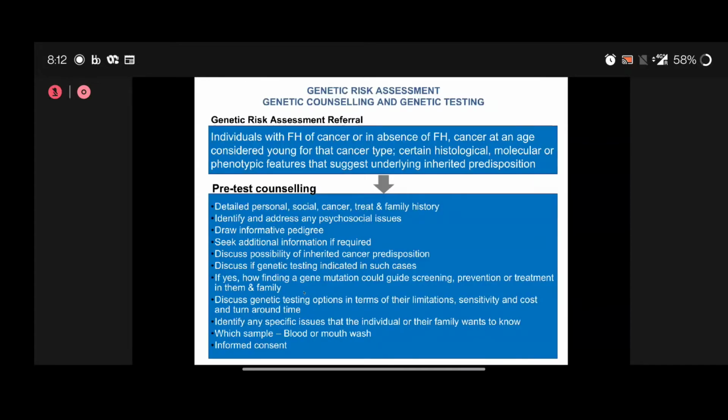So as I mentioned, remember the Knudson hypothesis. First and foremost is genetic risk assessment and referral: individuals with a family history of cancer, or in the absence of a family history, if they had cancer at an age considered young for that cancer type, or certain histological, molecular or phenotypic features that suggest an underlying inherited predisposition.